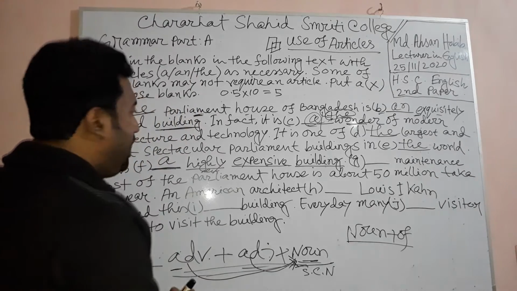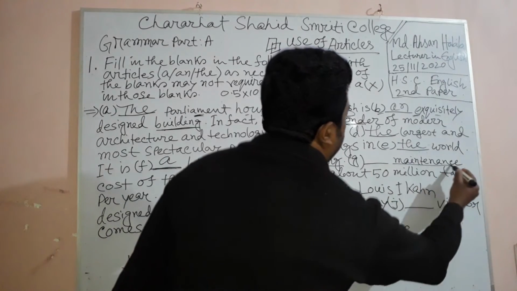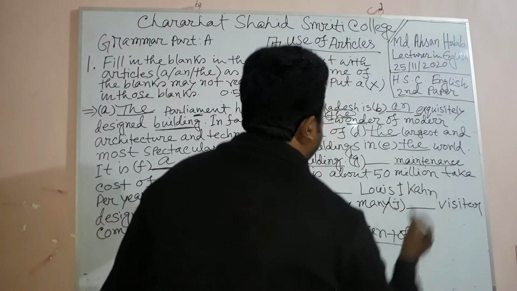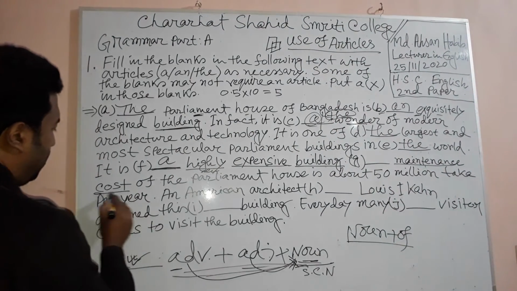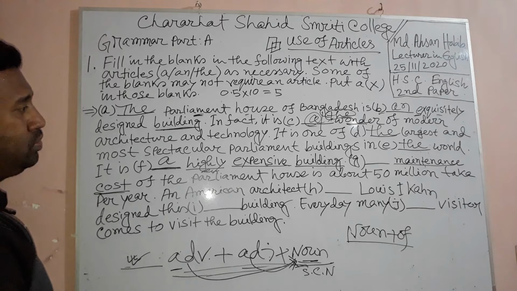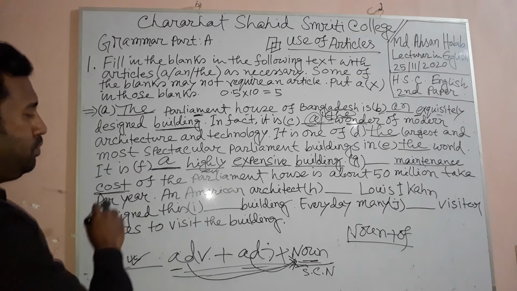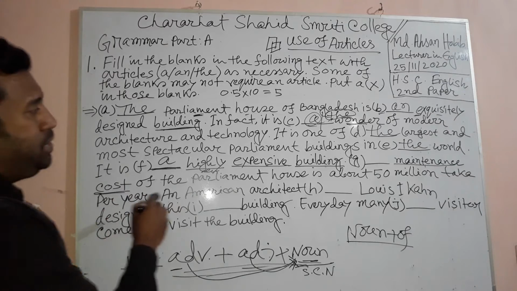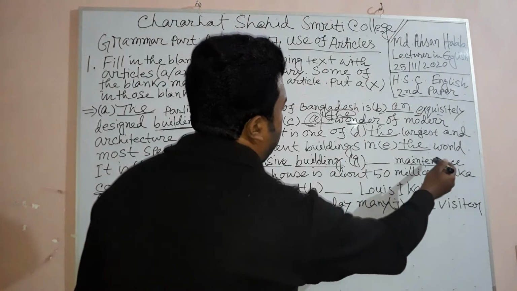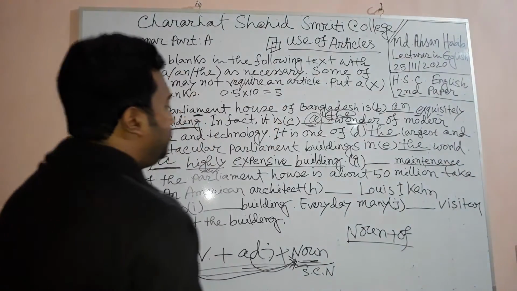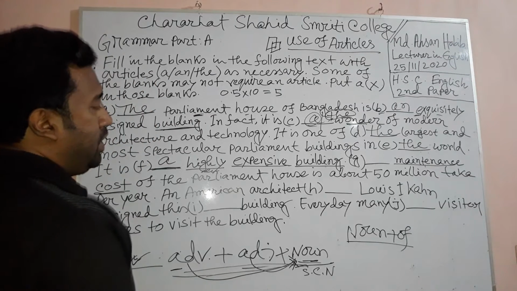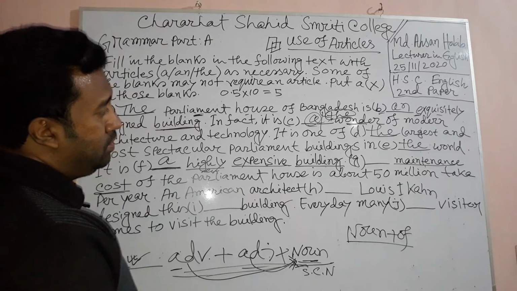So the word maintenance is a noun and cost is also a noun. So if a noun sits before a noun, it becomes a noun adjective. So what can I write here?